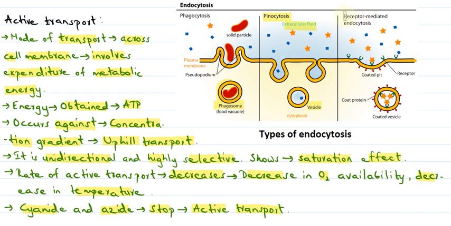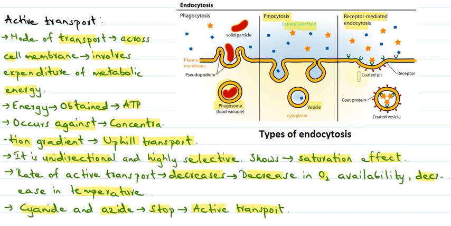Then we also discussed receptor mediated endocytosis. It is the process in which specific molecules are ingested into the cell. Only the specific molecules are ingested, and the specificity is based on the receptor ligand interaction, hence the name receptor mediated endocytosis.